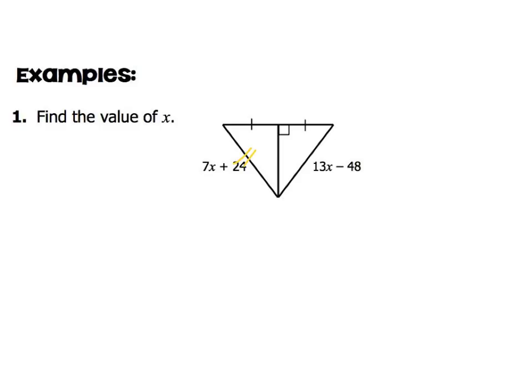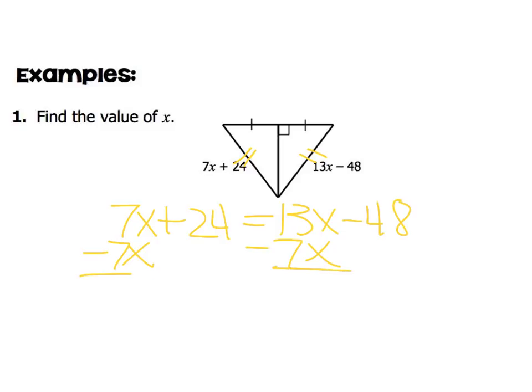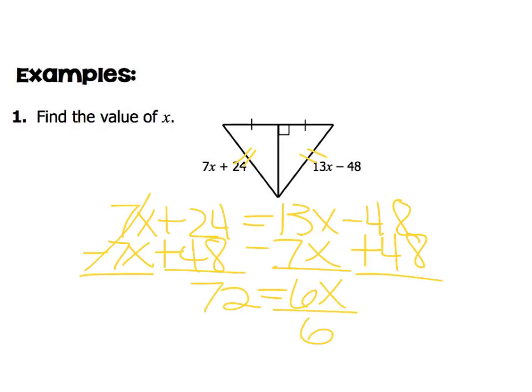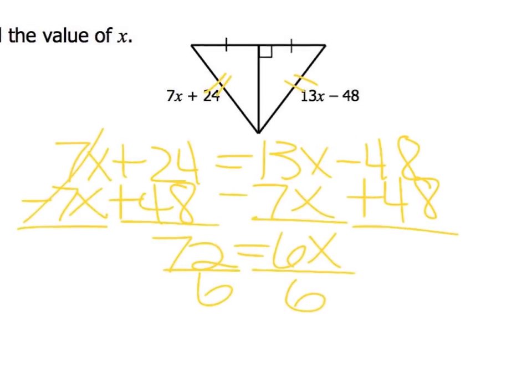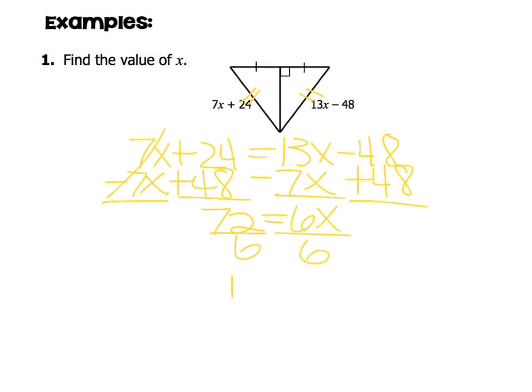So we can say 7x plus 24 equals 13x minus 48 because both of those sides are congruent, and we can solve for x. So subtract 7x from both sides, add 48. We get 72 equals 6x, divide by 6, and x equals 12. And we solved for x.